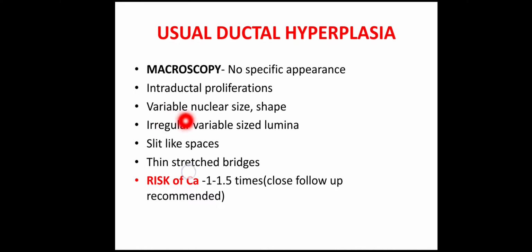Now these cells are of variable nuclear size and shape, and these ducts are filled with these cells, and inside the duct there are variable sized lumina or spaces, and these spaces are often slit-like and present at the periphery of the duct. Then there can be thin stretched bridges traversing the ducts. So the risk of carcinoma, again, is 1.1 to 1.5 times. So close follow-up, that is clinical and radiological, is recommended.